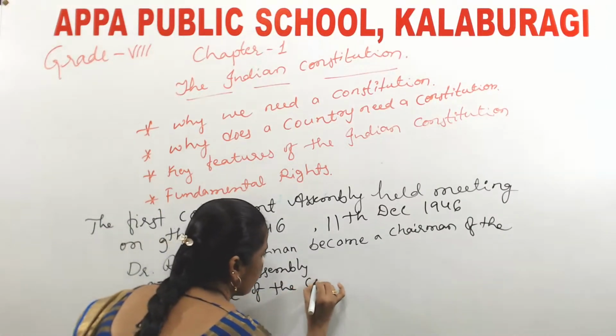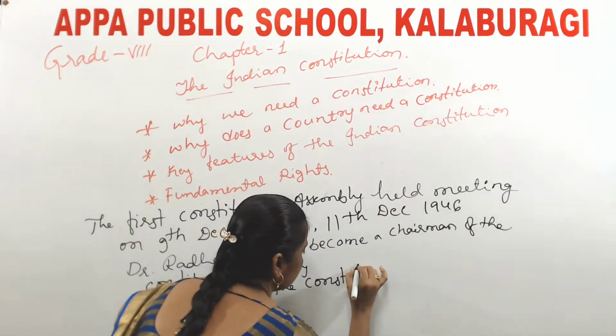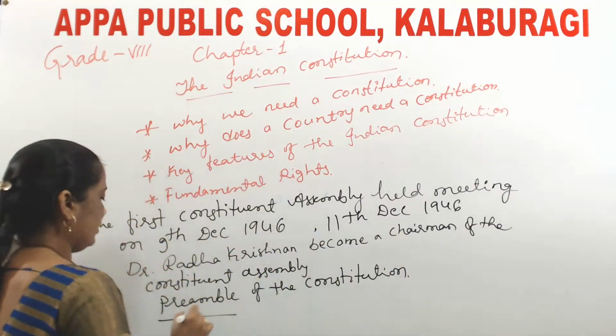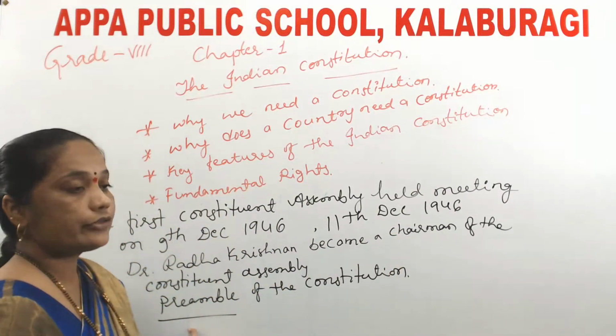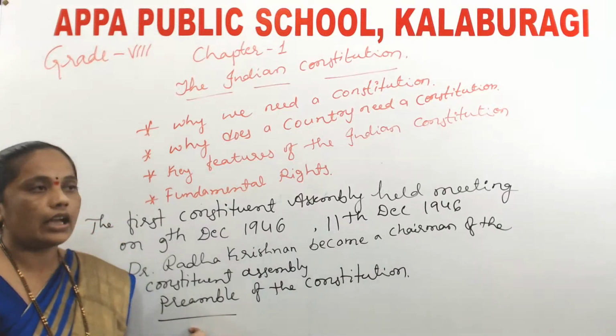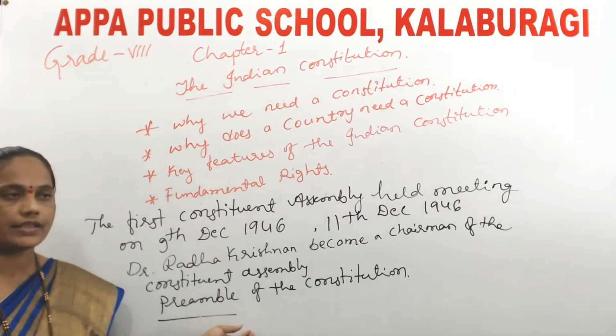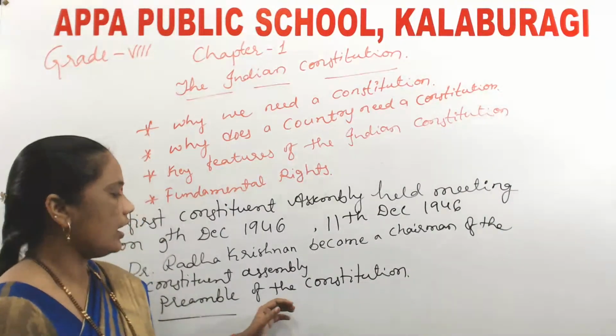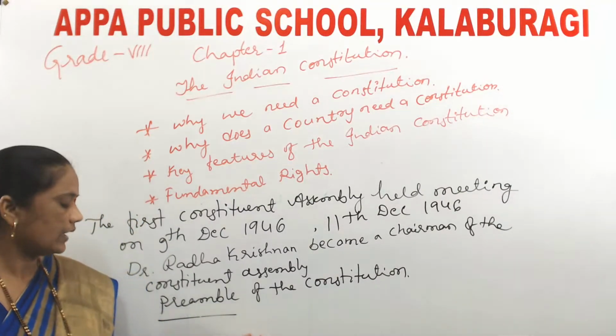The Preamble says that we all are equal and our country is a democratic country. It is a sovereign, socialist and a republic.